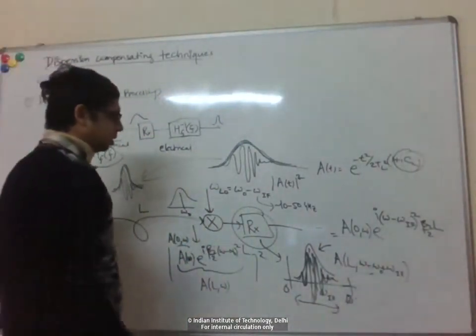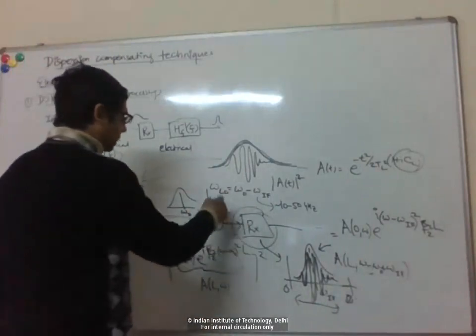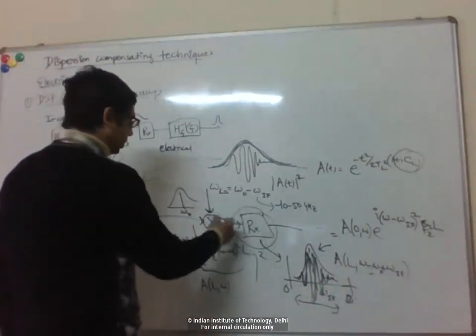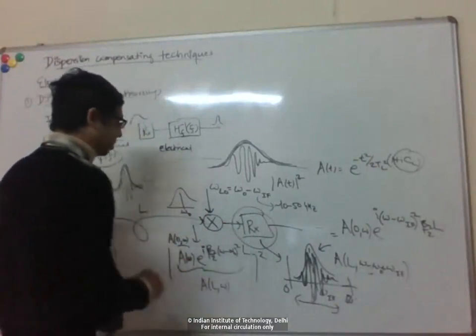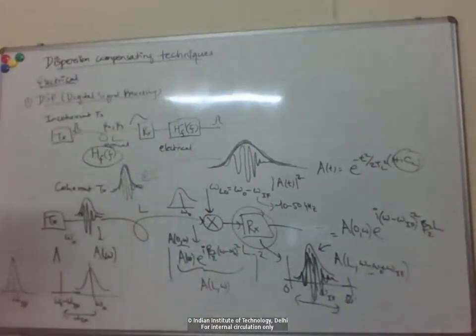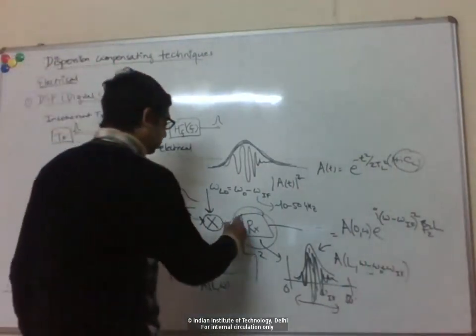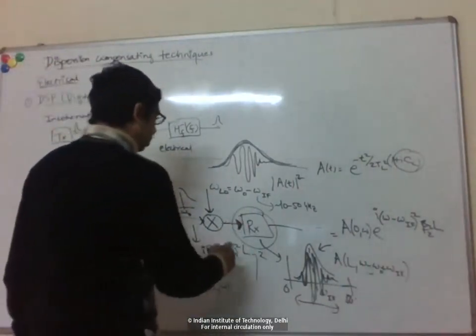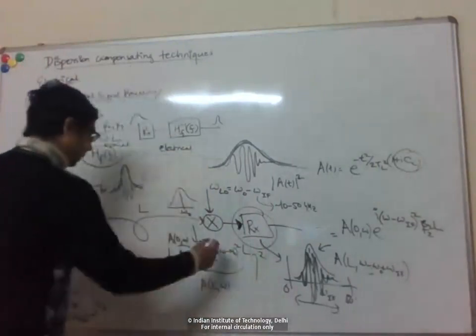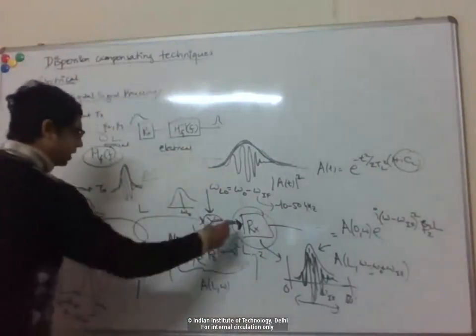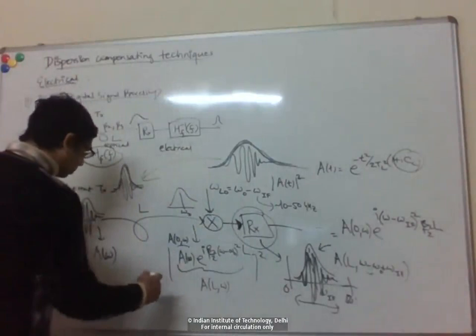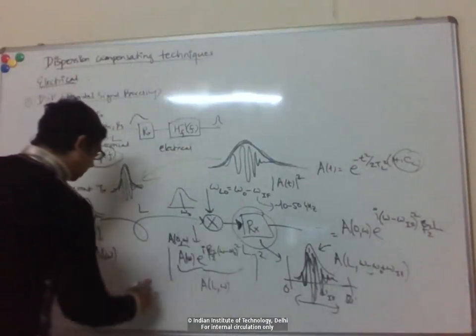So now this is basically beating with the local oscillator signal, you still have the phase information preserved, right? So basically another way to see it is, in the photodetector, what is happening, right?